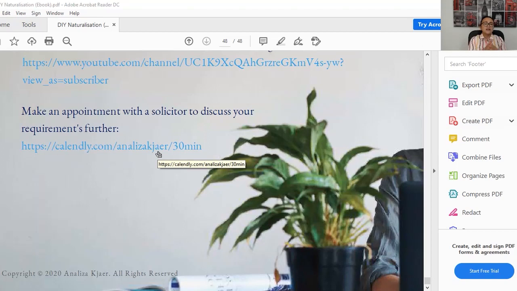Unless your case is really complicated, in which case it's not worth wasting money on the naturalization application; consult a lawyer first. It only takes 30 minutes to answer any queries about naturalization, and it's only going to cost you £50. That's the best £50 you can invest in your naturalization application.